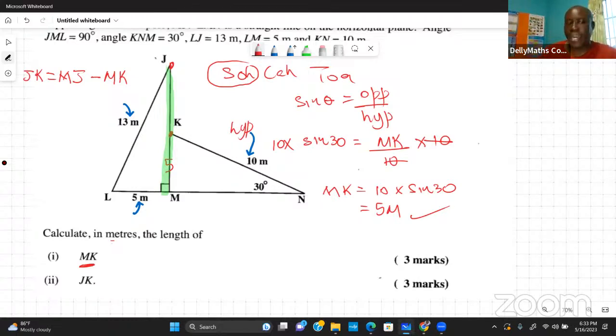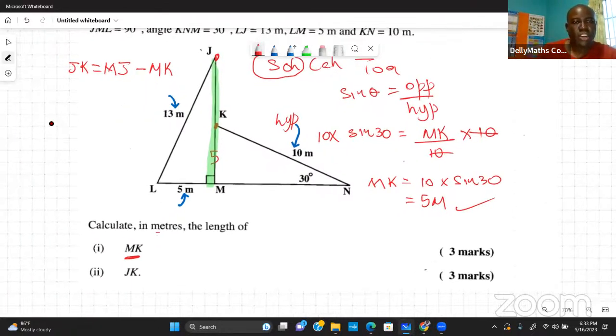So let us go about finding that big side MJ. Remember though, it's a right angle triangle. It's one of the short sides. The longest side is 13. So I could just start off by saying 13 squared is equal to 5 squared plus MJ squared. 169 is equal to 25 plus MJ squared.